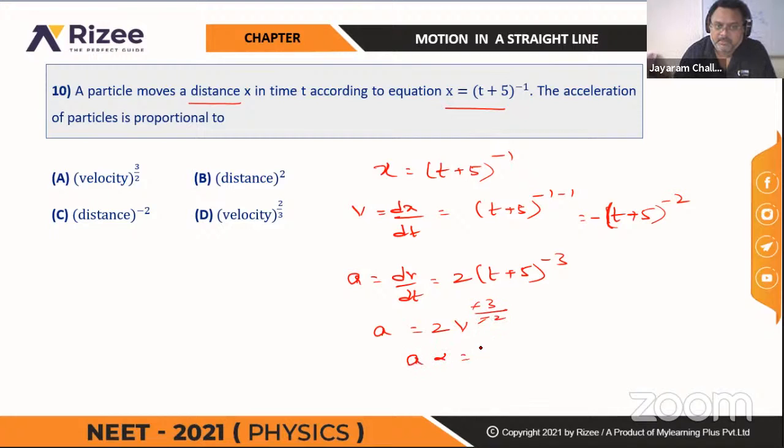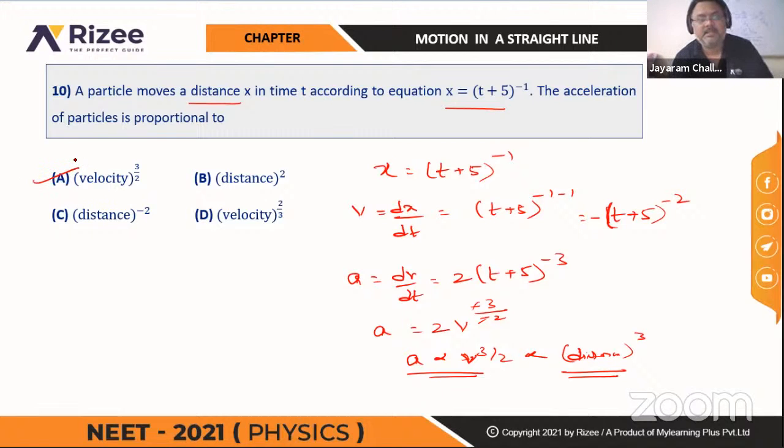That means a is proportional to v to the power of 3 by 2, or it can also be written as a is proportional to the displacement, that is distance, to the power of 3. So like this also you can express this one. So for the given question, this will be the answer.